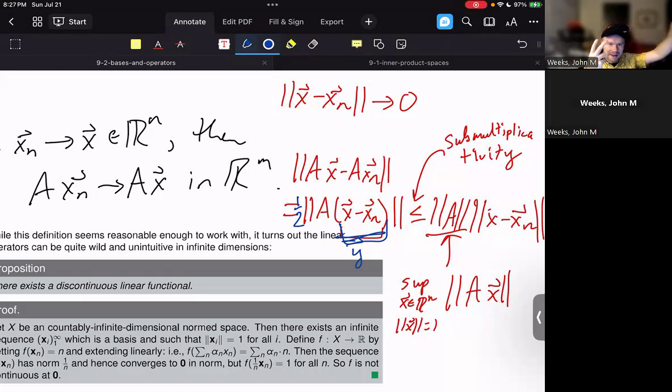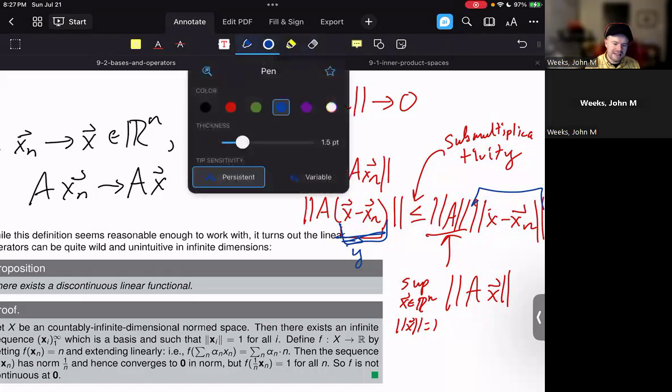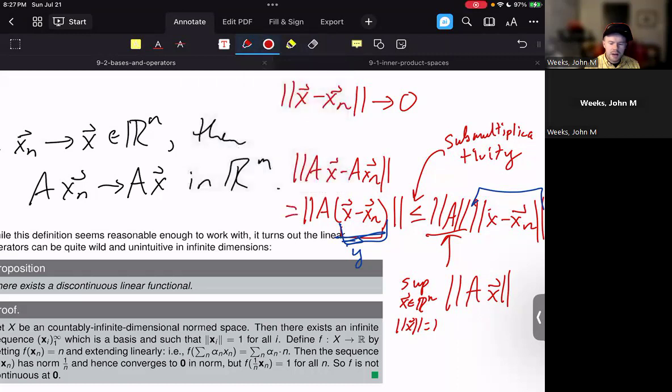That 1/2 that I have left over can just be brought outside. That's the 1/2, is that the norm of the vectors x minus x sub n can grow to be very small in that. That's a neat little connection that allows us to break up a product of matrices and vectors inside of a norm here, and make it less than or equal to the product of norms like this.